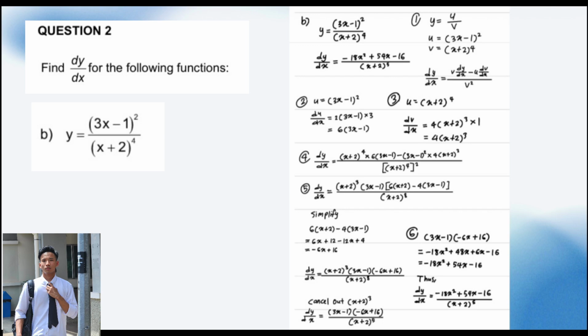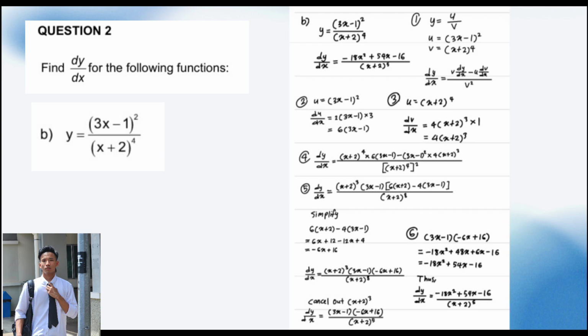Simplify the expression, factor out the common terms (x plus 2) cubed and (3x minus 1) from the numerator. dy over dx equals (x plus 2) cubed (3x minus 1) (6(x plus 2) minus 4(3x minus 1)) over (x plus 2) to the power of 8.